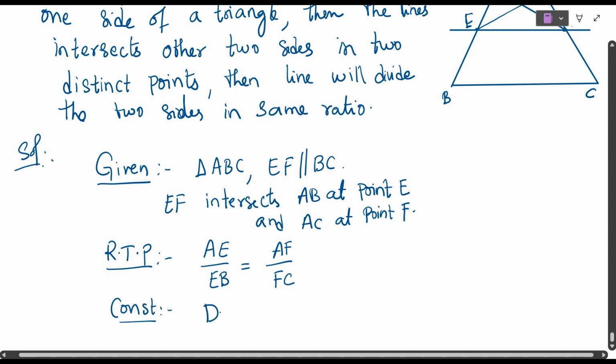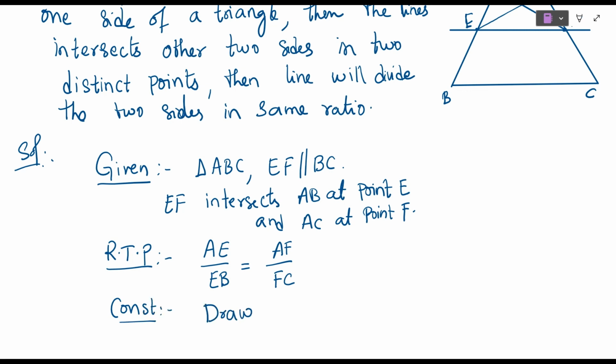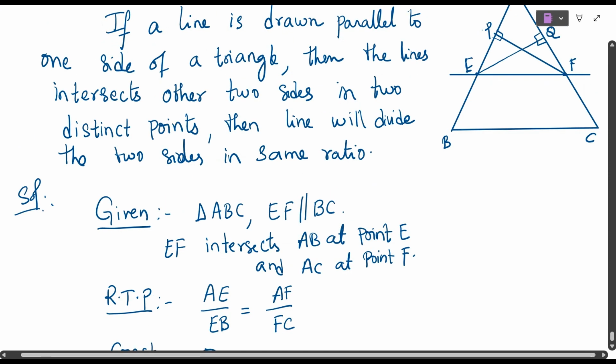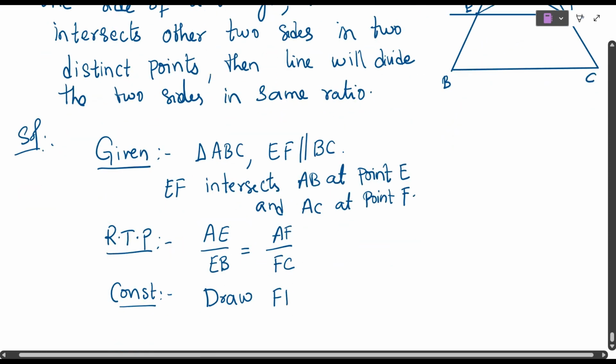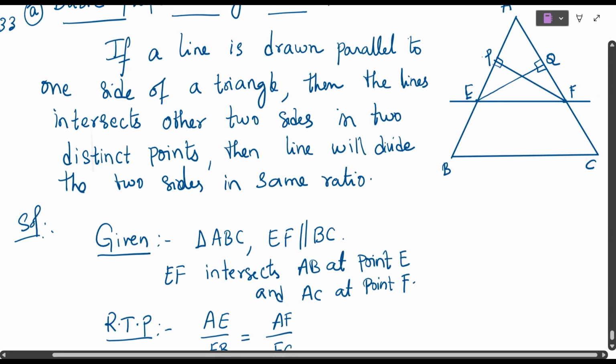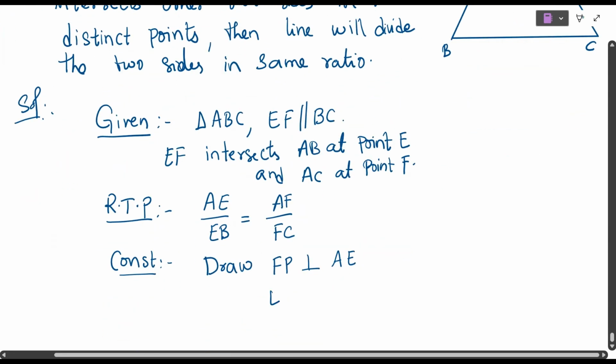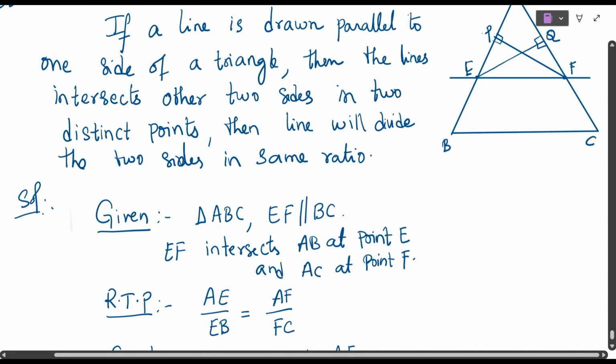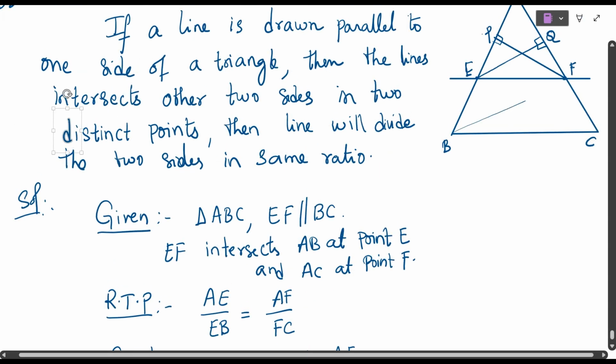Draw FP perpendicular to AE, and EQ perpendicular to AF. And also join these two lines, BF and EC.